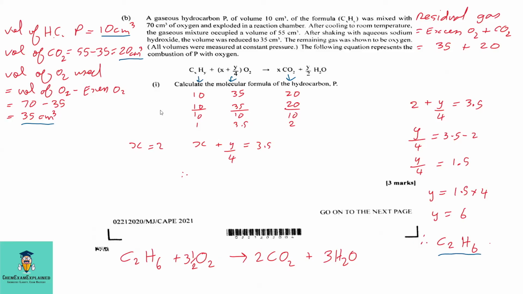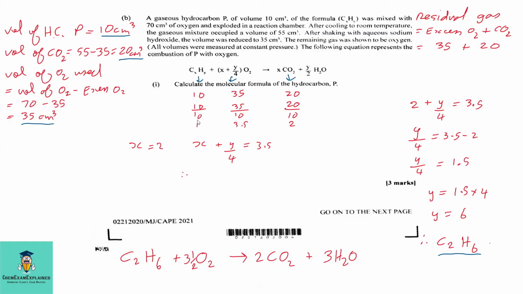Now we're going to carry out our calculation using the empirical formula method. So when we put 10 cm³ for the hydrocarbon, 35 cm³ for the oxygen, and 20 cm³ for carbon dioxide, we must divide through by the smallest value.